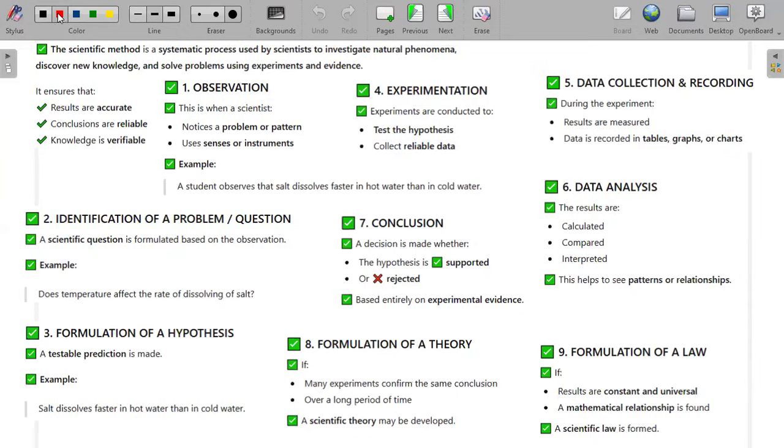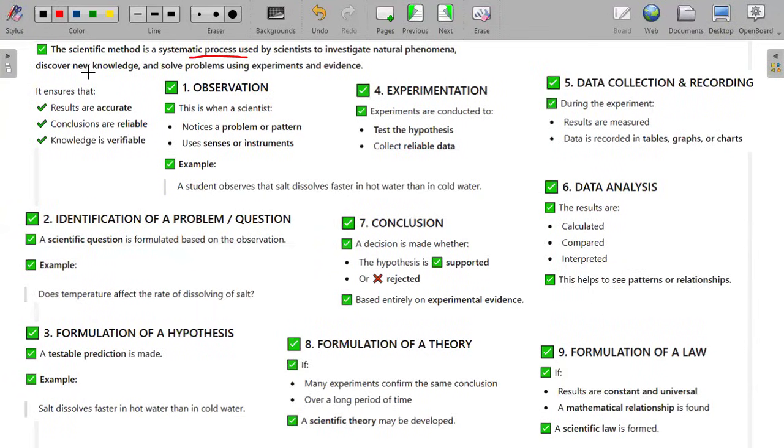By definition, we say that the scientific method is a systematic process used by scientists to investigate natural phenomena, to discover new knowledge or to solve problems using experiments and evidence.